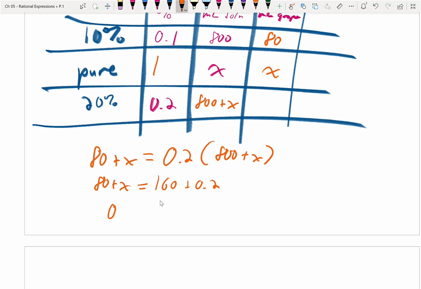Then you get 0.8x equals 80, which you can then make be 8x equals 800.